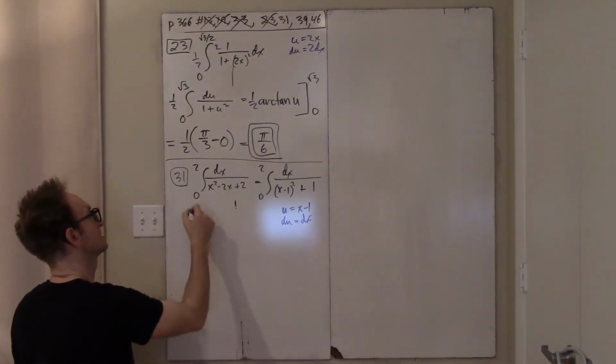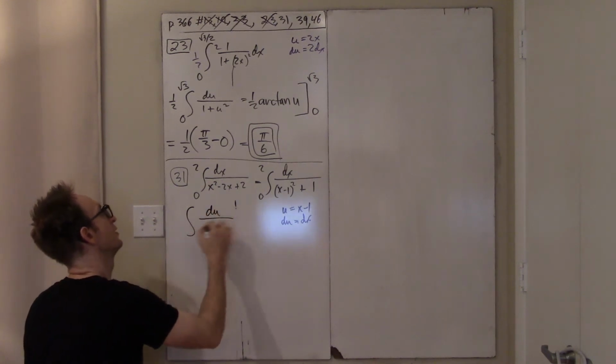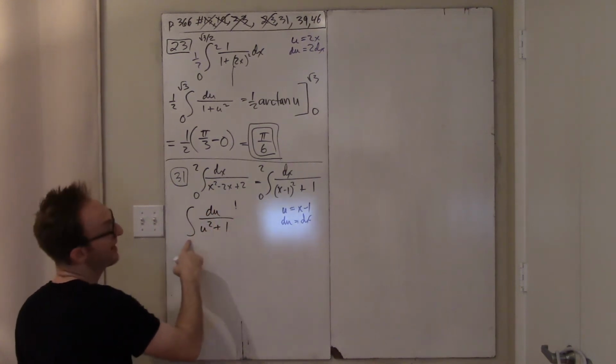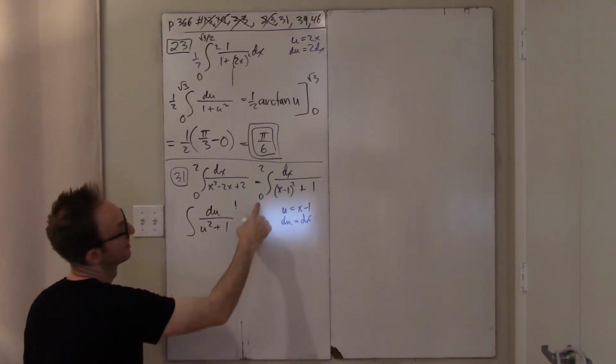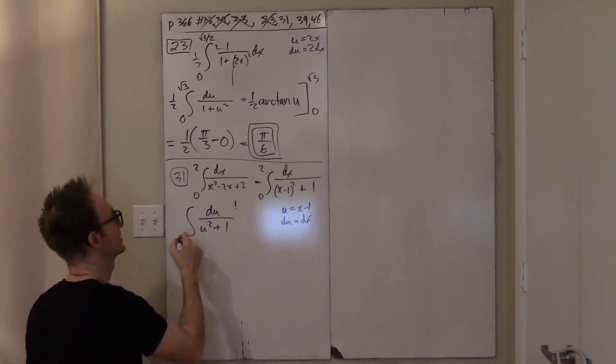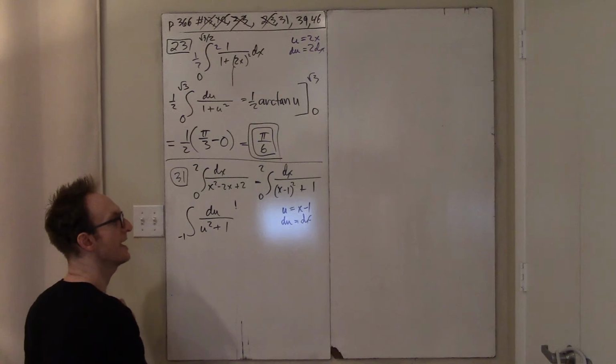I get du over u squared plus 1, and now I get to change the limits. When x is 0, u is negative 1, and when x is 2, u is 1.